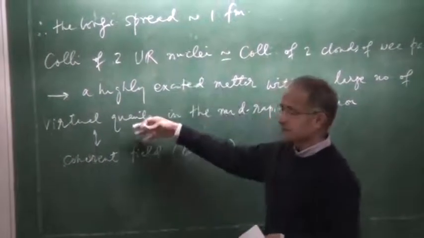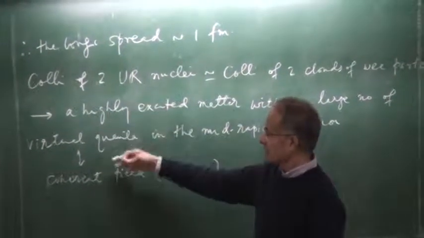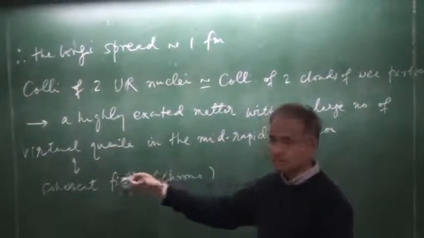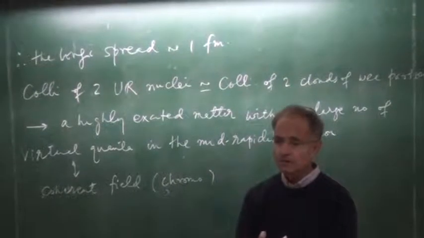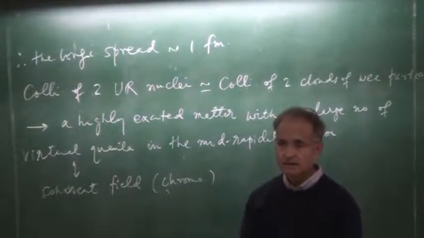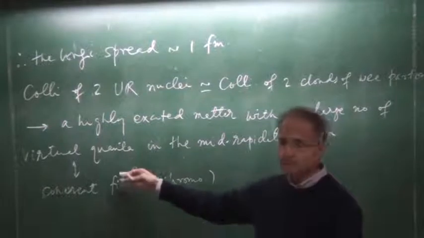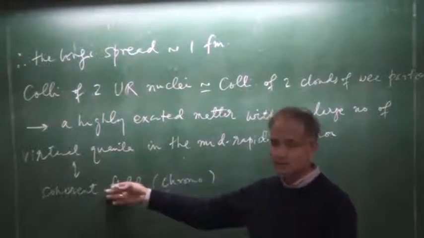So this is the first thing that happens after collision. There is a region of very high energy density in the form of virtual quanta, or coherent.